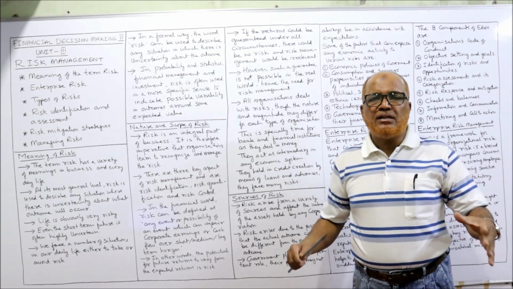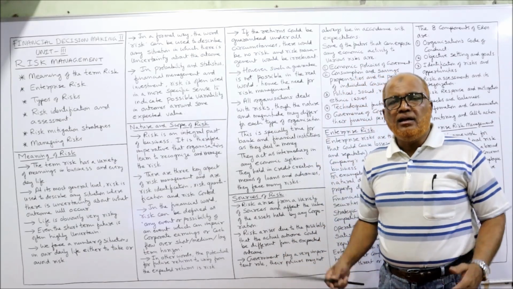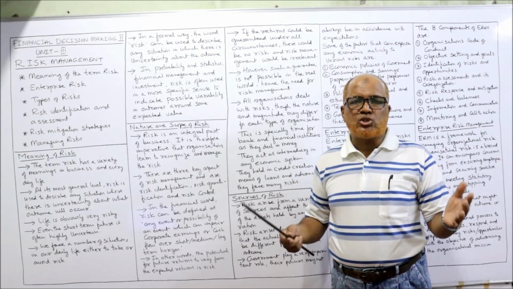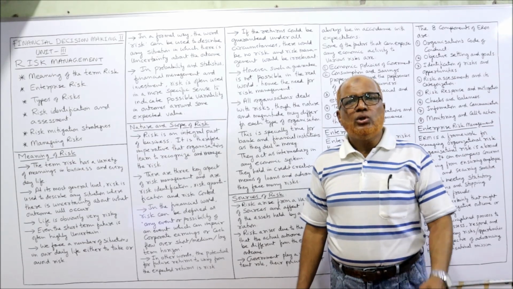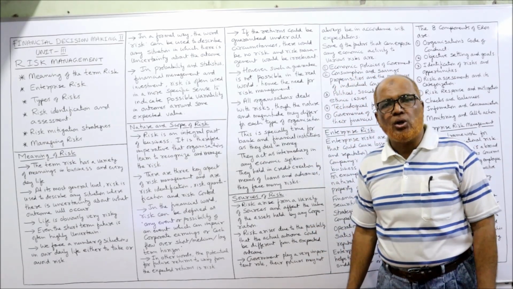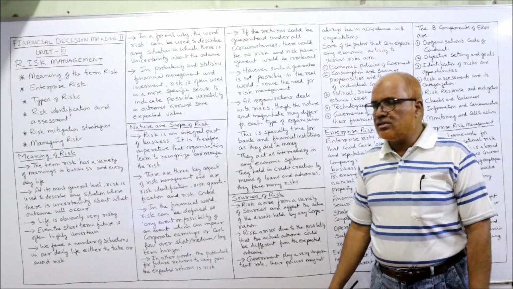Different methods are available for managing the risk, like the derivatives market. In the derivatives market, we have forward contract, future contract, options contract, swaps. All these are the different derivatives through which a business can manage and control the risk. So these are the three aspects of risk management.